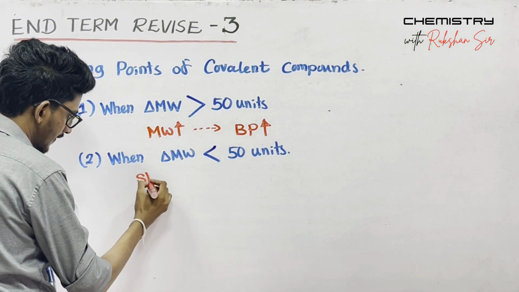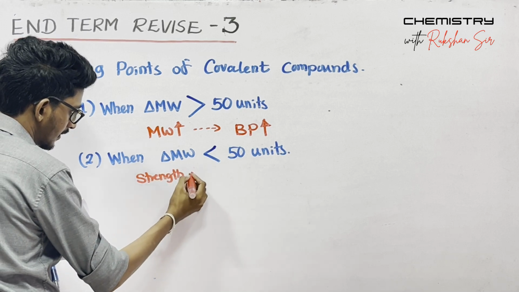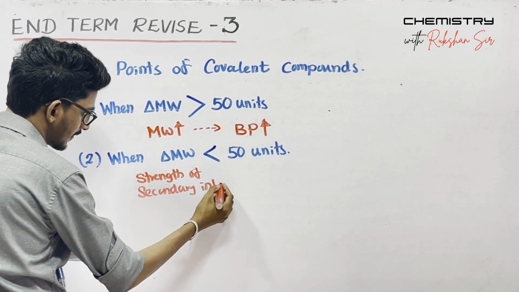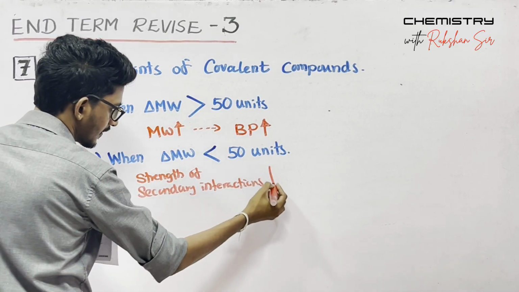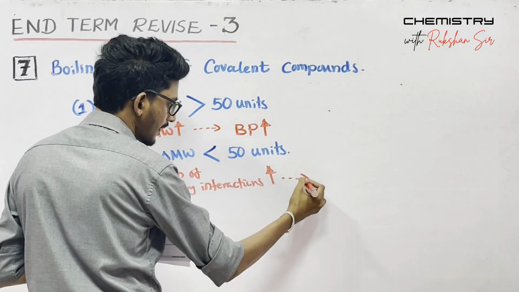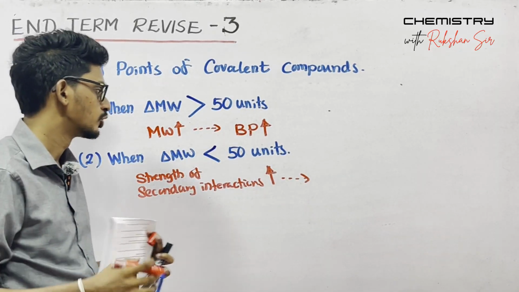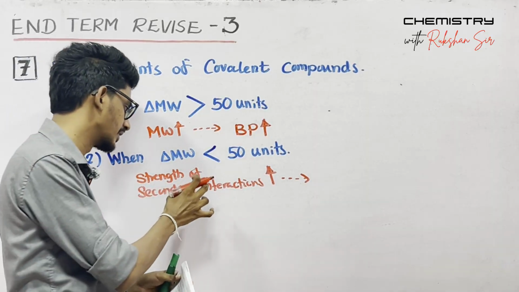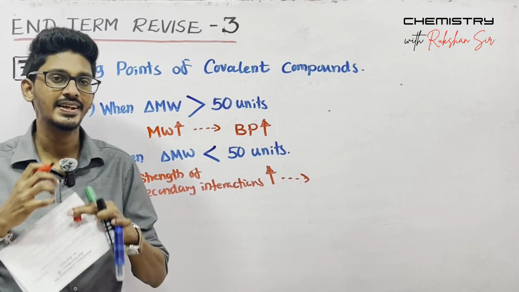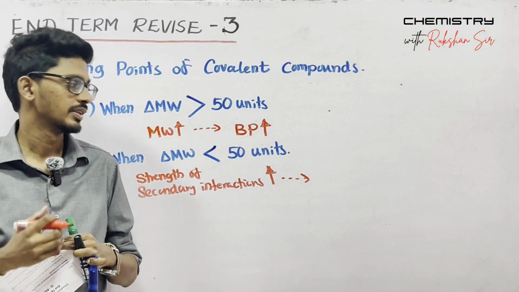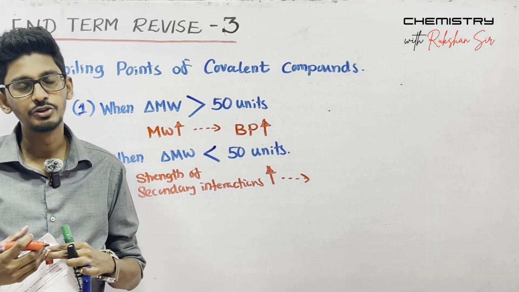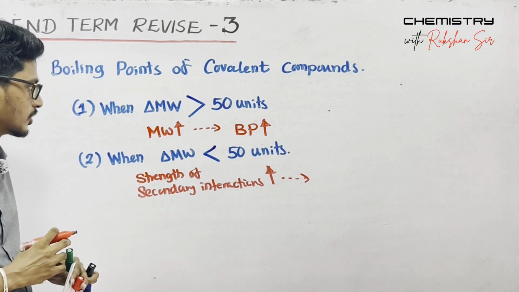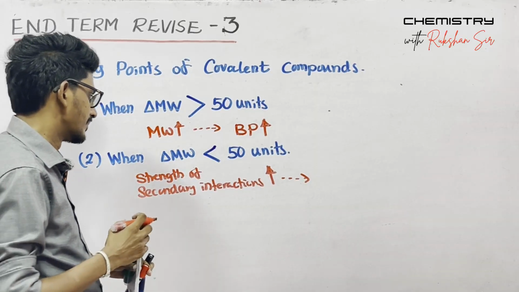When the strength of secondary interactions is high, your particles are bound together strongly, so you need greater energy as thermal energy to break those bonds, put them apart and boil the compounds.